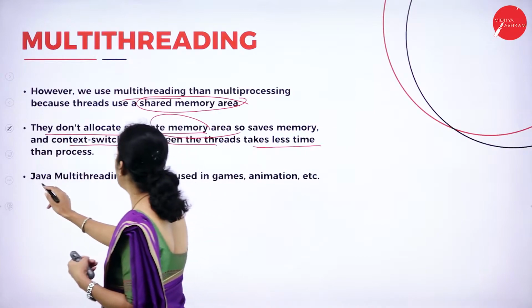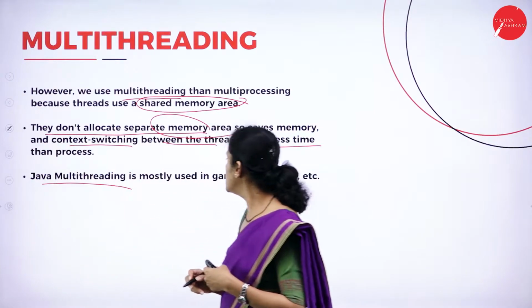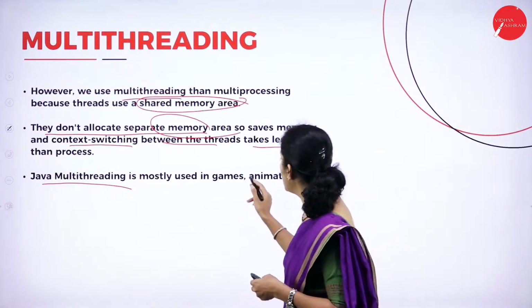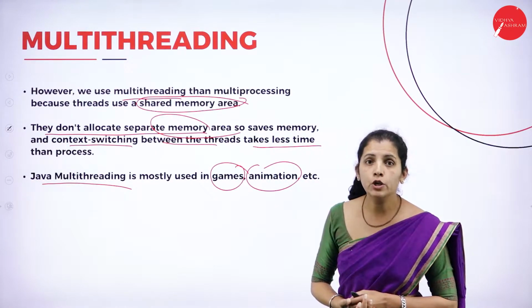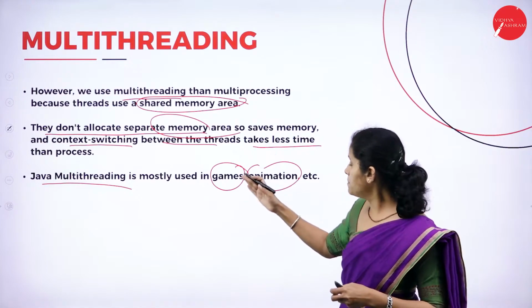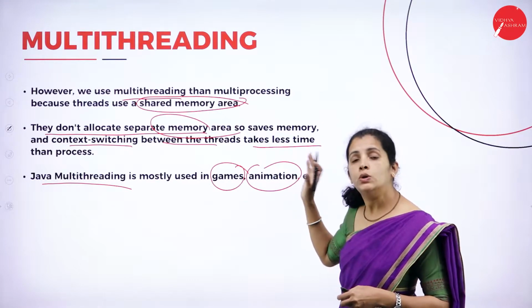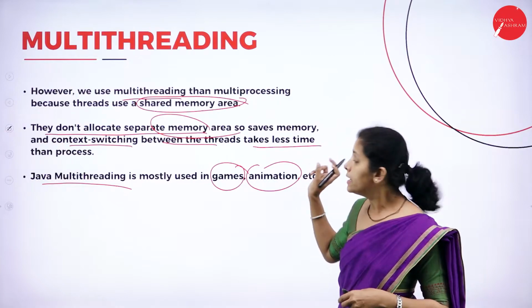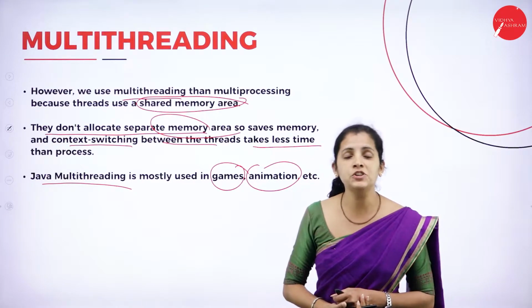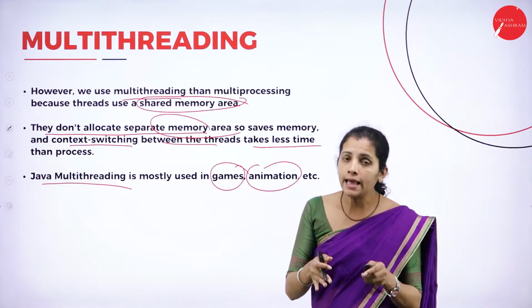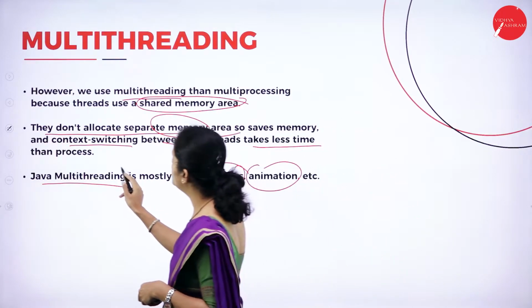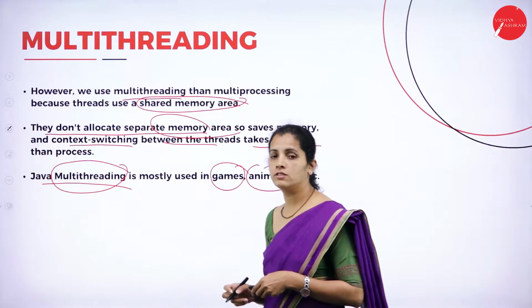Java multi-threading is mostly used in games and animation. When we design and develop games as well as animation applications, we are going to use Java, and in that, especially the multi-threading concept.